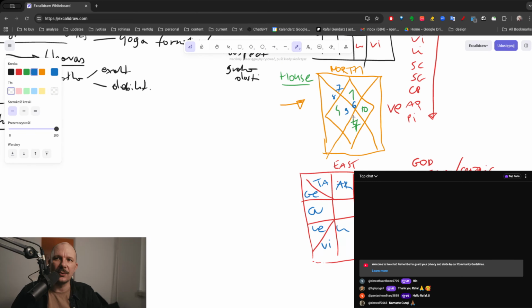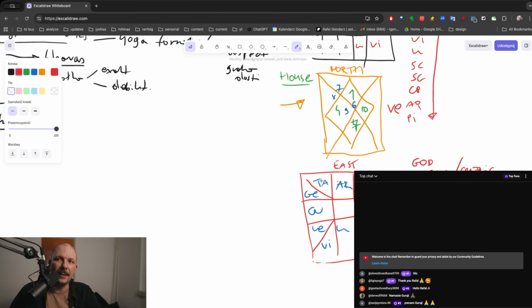What is important to mention here is that the ascendant, just like in the south chart, depending on which hour you were born, will be in some place. It could be here in Taurus, or it could be in Gemini, or in Libra. That will depend on the time in which you were born.